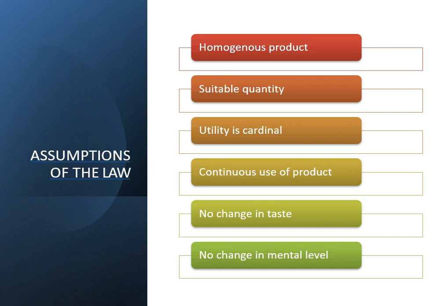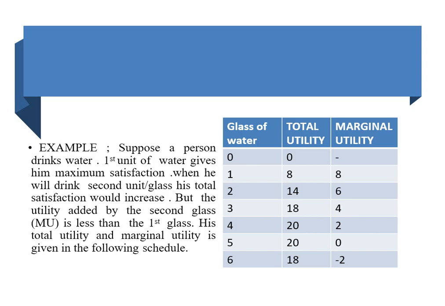It will not change however many units we have consumed. So homogeneous product means the commodity or the unit which we used the first time, we have to use the same kind of units for the second, third and so on.